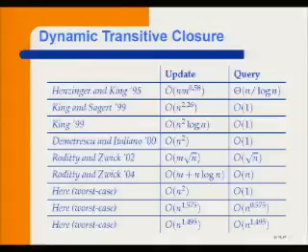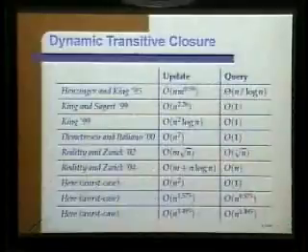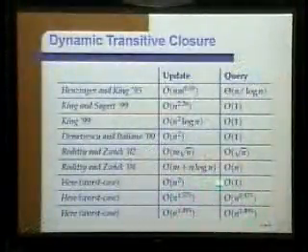The history of this problem is already 10 years, and we can take these algorithms for dynamically computing the matrix inverse and turn them into algorithms for solving transitive closure. What's interesting is that all the algorithms we get here are worst case. Each update takes worst case n squared time.